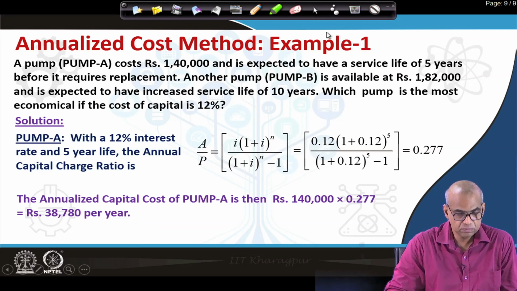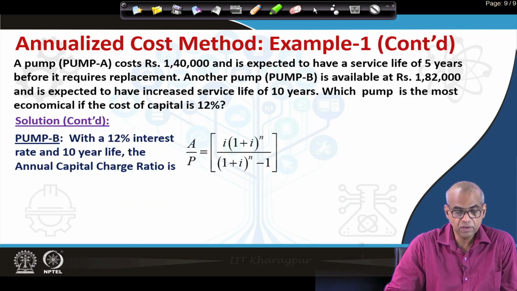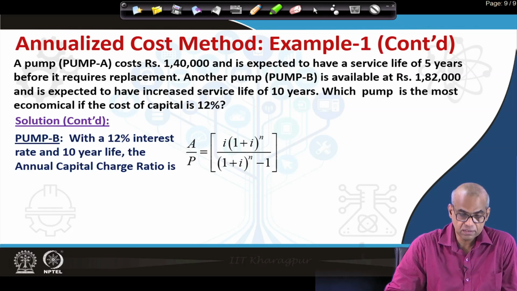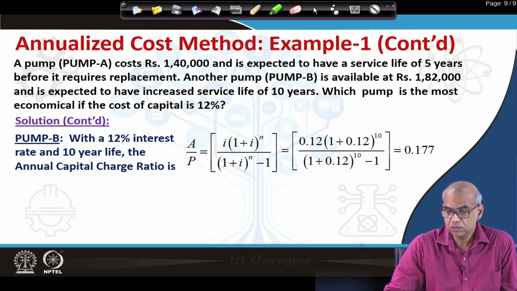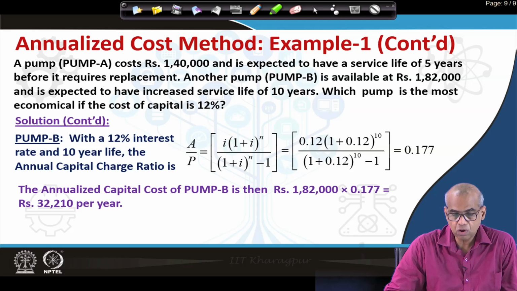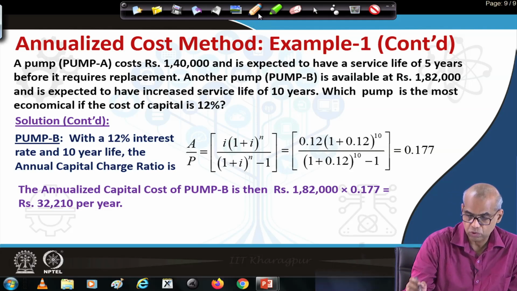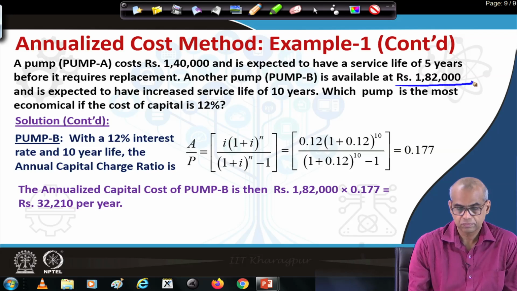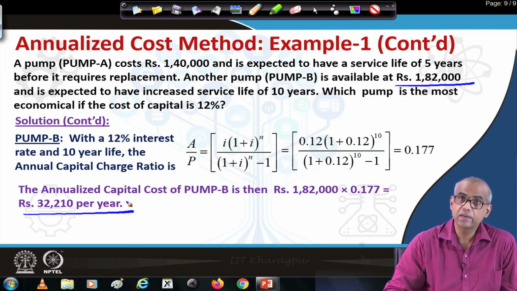Similarly, let us compute for pump B, again with a 12% interest rate, but a service life of 10 years, the annual capital charge ratio can be computed from the formula, and it is computed as 0.177. So, to get the annualized capital cost of pump B, you multiply 0.177 with 1,82,000 and you get rupees 32,210 per year.